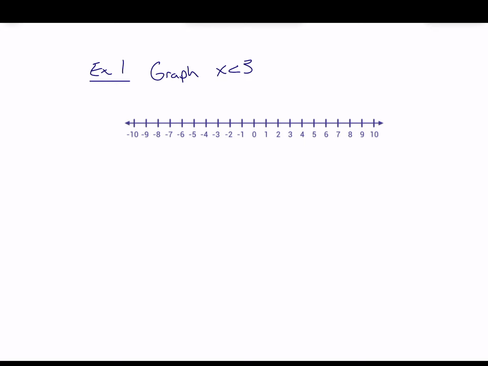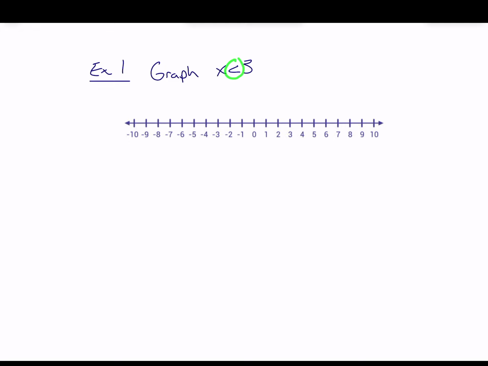Okay, example 1, we want to graph x less than 3. Now this is the set of all numbers, values of x, that are less than 3. So really it's going to be all of the numbers that are from 3 and all the things that are less than that. Now the first question we need to ask is, is 3 included?